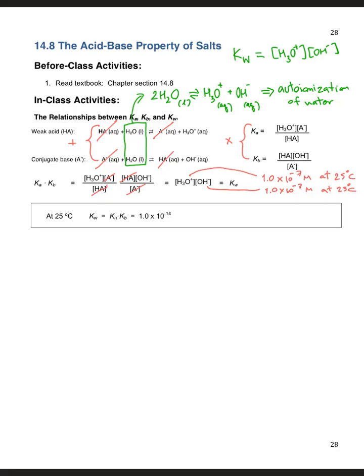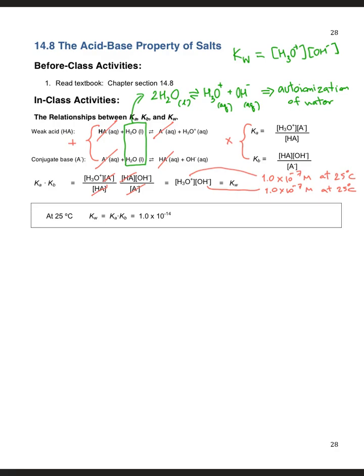Therefore, we can say that Kw equals Ka times Kb of the conjugate acid-base pair, which equals 1.0 times 10 to negative 14. Again, this number is valid only at 25 degrees Celsius.